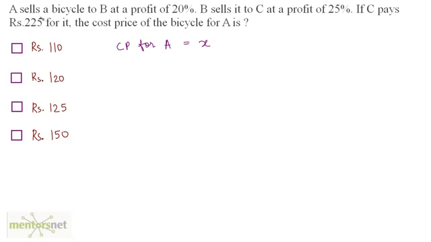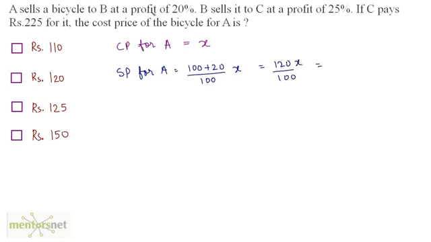He sold this bicycle to B at a profit of 20%, which means the selling price for A is the cost price increased by 20%: X plus 20 upon 100 X. So this can be written as 120 X upon 100.